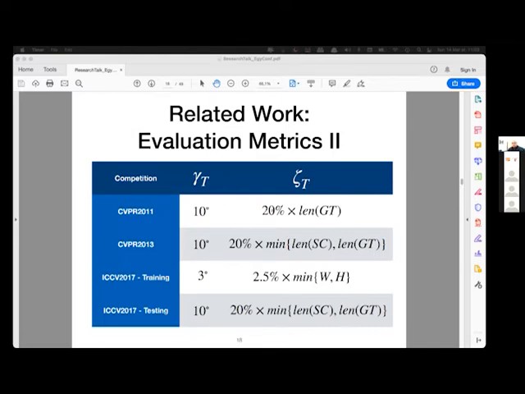Regarding the distance, they say it should be 20% of the length of the ground truth, or 20% of the minimum of the length of the symmetry candidate or the ground truth. And sometimes they change it to 2.5% of the minimum width or height of the image itself.